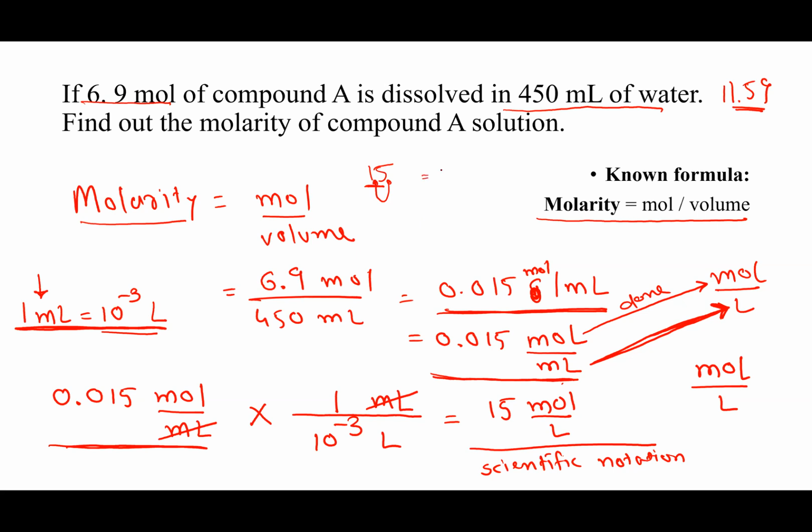So your answer must be 1.5. Also, in scientific notation you have multiplication by 10, and depending on how many places you move, in this case 1, and which side you move, from right to left, it should be +1. So this should be the right answer if I ask you to write your answer in scientific notation.